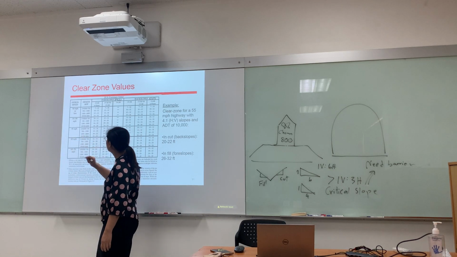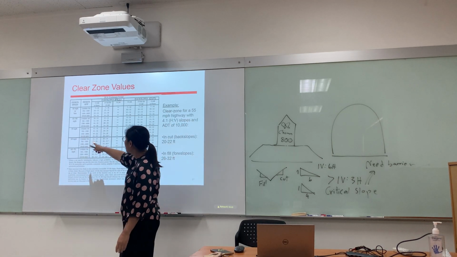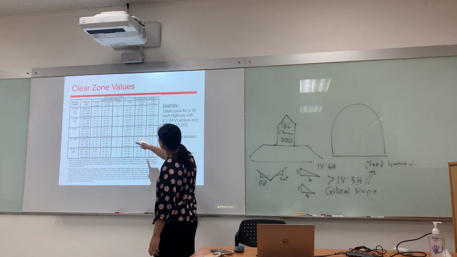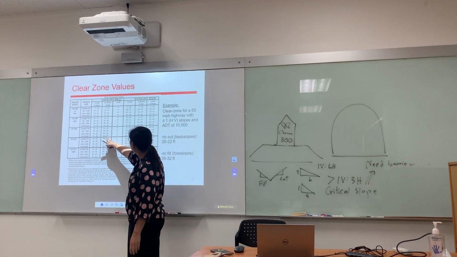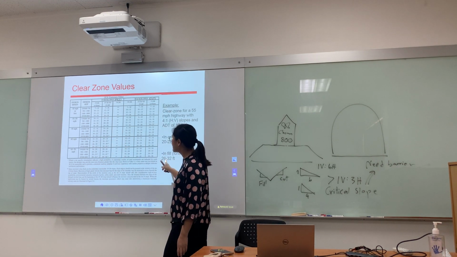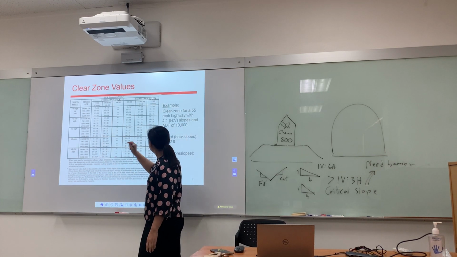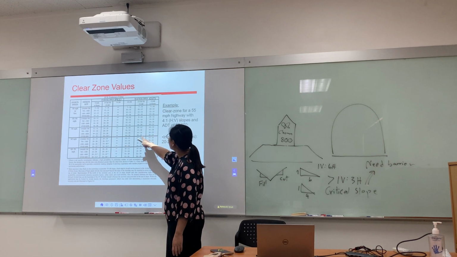High speed. ADT 10,000, so here, over 6,000. If it is 1 to 4 fill slope, the clear zone is 26 to 32. If it is back slope, it is 20 to 22.